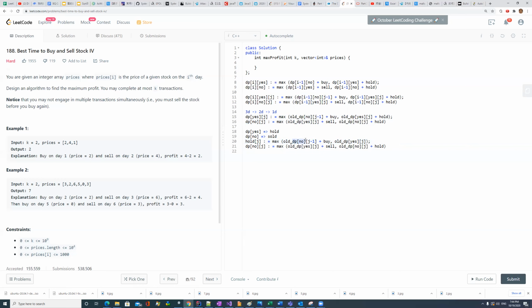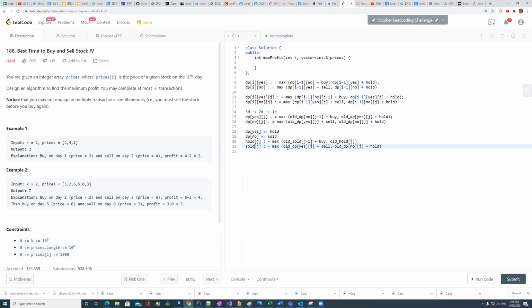Hold is the DP yes, which is holding a stock, and sold means the DP no, which is no stock.